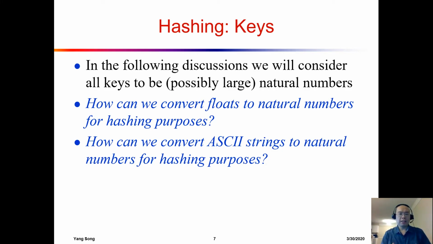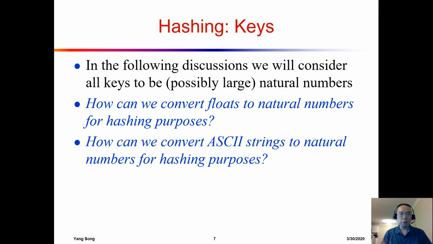For the keys, in the remainder of this lecture, we are going to assume that the keys are just natural numbers. You may ask, how about a key that is a float number? Or how about a key that is a string? If the key is a float number, we can do a simple trick to force it to be an integer.